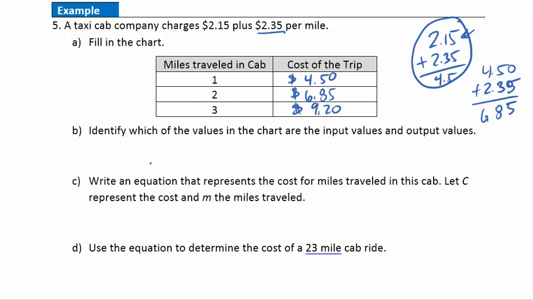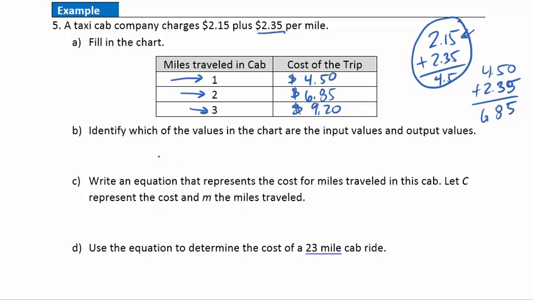Question B: identify which of the values in the chart are the input values and which ones are the output values. What's happening here is the miles that we're traveling in the cab are our input values. Notice when I put a 1 in here, 1 mile, I get a cost out of this equation that I'm eventually going to set up. And when I put 2 in, I get this price out. 3 miles in, I get this price out.